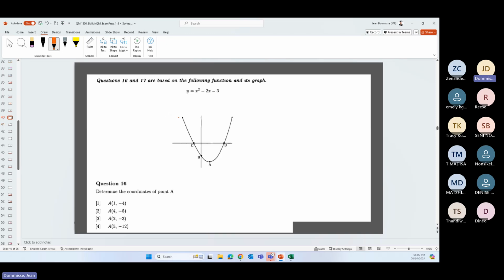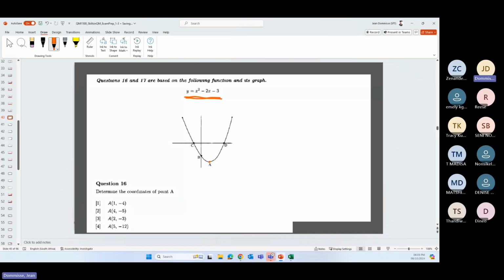So they tell us here is a parabola or quadratic equation where A is a turning point, D and C go through your x-axis, and that one goes through your y-axis. They give us the information about the graph, and then they ask us a few things. So first they ask us to determine the coordinates of A.